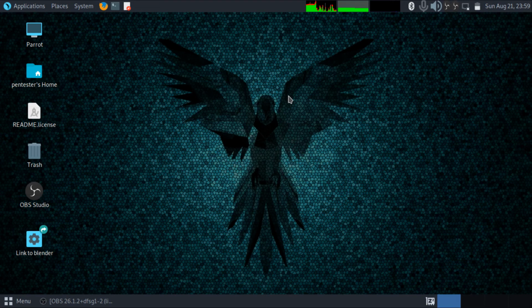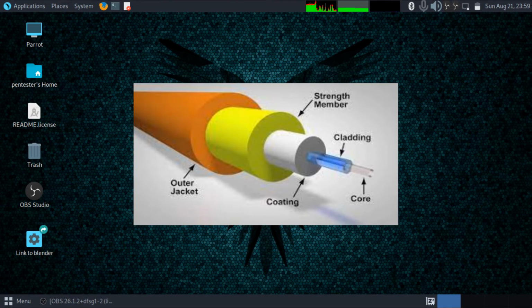Now let's move on to our third type, that is optical fiber cable. I hope you have heard about OFC, that is optical fiber communication. Optical fiber consists of thin glass fibers that can carry information at frequencies in the visible light spectrum or beyond. The typical optical fiber consists of a very narrow strand of glass called the core. The data is transferred in this core in the form of electromagnetic spectrum, meaning in the form of light.